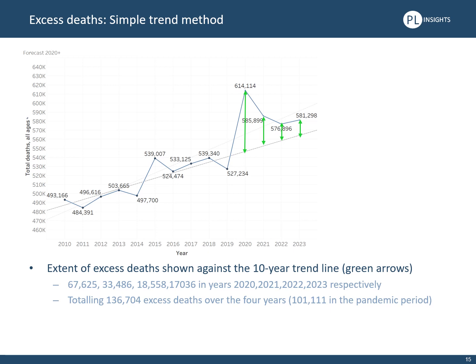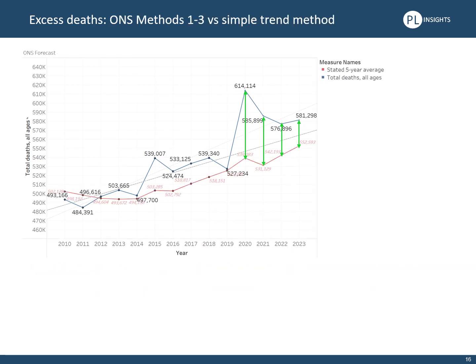And that gives us figures of 67,625 excess deaths in 2020, 33,486 in 2021, etc. So we're still getting deaths, 18,500 and 17,000 in 2022 and 2023, more than we would have expected. So 111,000 in total during the pandemic, with 136,000 over the 4 years in total.